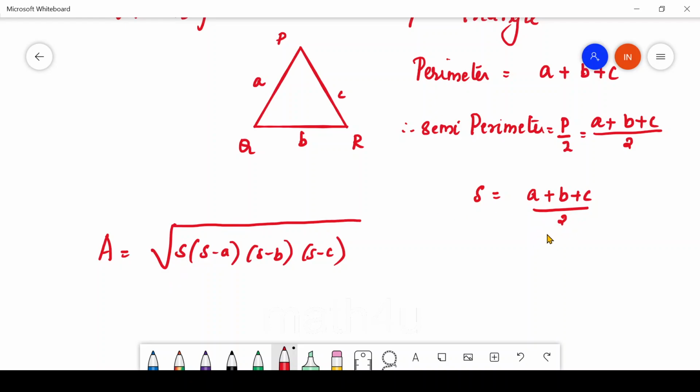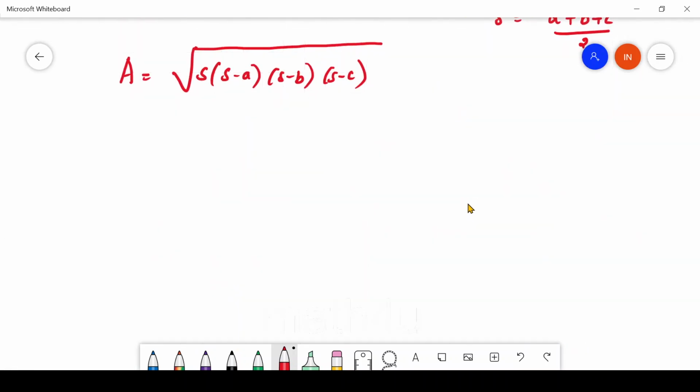So now we know how to find out S. We have the sides a, b, c also, right? So let's do an example using Heron's formula. We have a triangle with sides 40 centimeter, 24 centimeter and 32 centimeter.